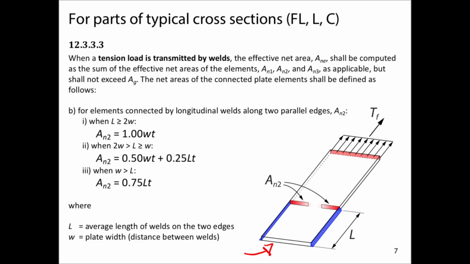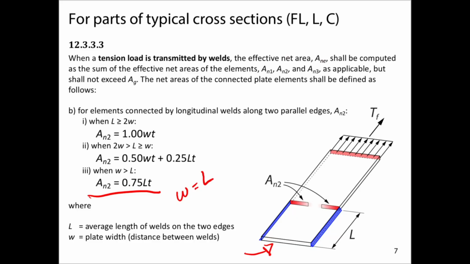For that reason, I tend to say we're probably going to be mostly in this region. If you're the engineer trying to figure out what the shear lag effects might be on this flat bar, or the leg of an angle or the web of a channel, it's reasonable to assume that they're going to at least make the length of the weld equal to the width of the plate. It would be weird to see welds much shorter than that.